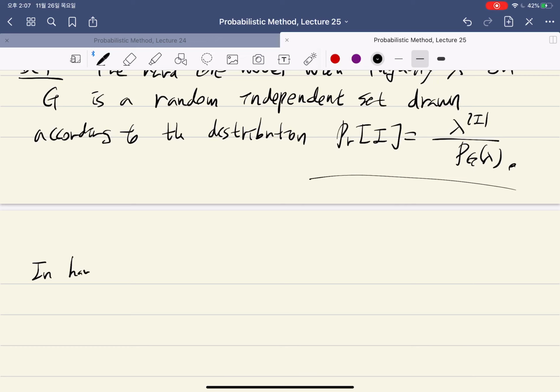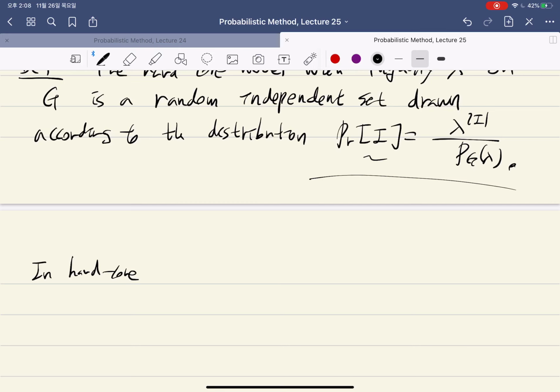So in the hardcore model, we pick this I proportional to lambda to its size, and you normalize it. That's what's happening here.